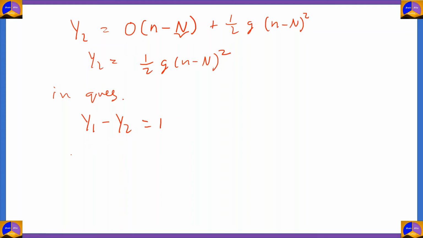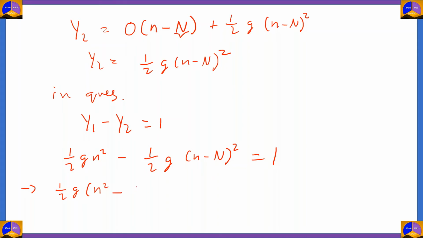So therefore, let's put in the values. So half g small n square minus half g into small n minus capital N the whole square is equal to 1. We can take half g as common, so half g into small n square minus small n minus capital N the whole square is equal to 1. Now notice inside the large brackets, we have something similar to a square minus b square.